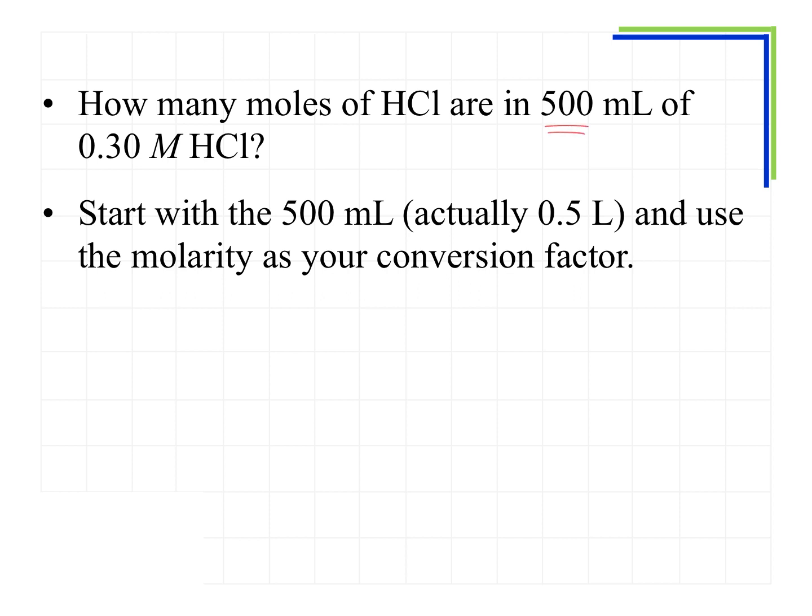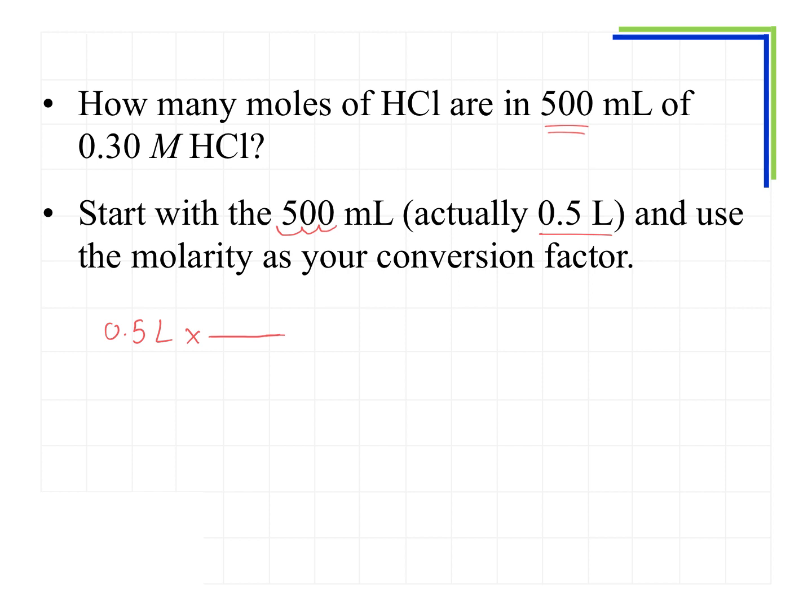So this 500 milliliter should be in liter, and we don't need to make it complicated, right? So we say for milliliter, it just moves 3 decimal places, okay? So it's actually 0.5 liter, okay? So we use the molarity as a conversion factor, and we start with the given information with the volume. So we have 0.5 liter.